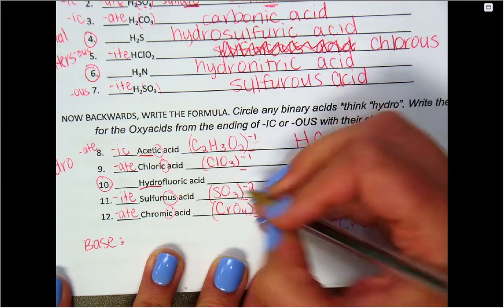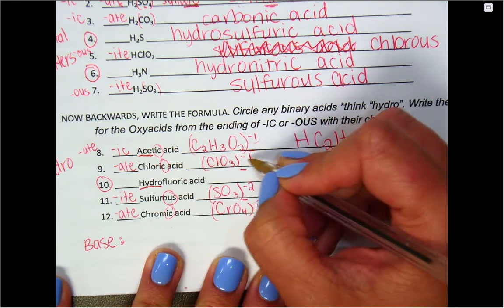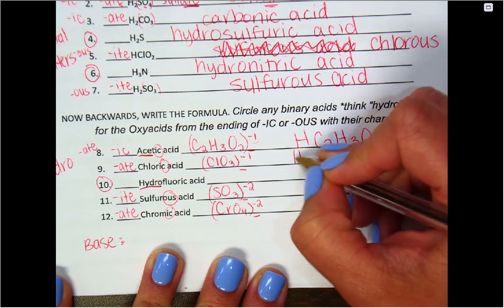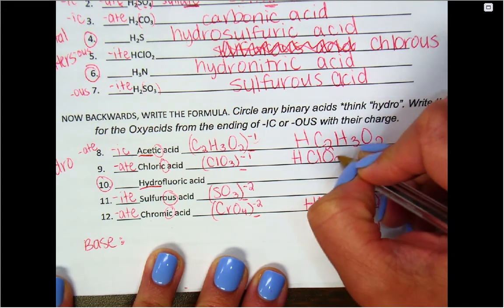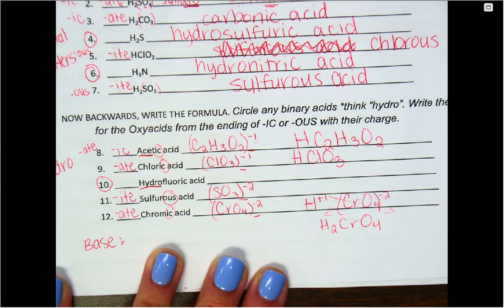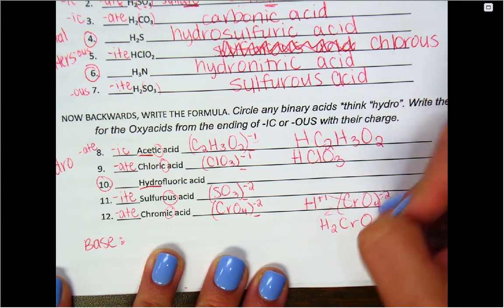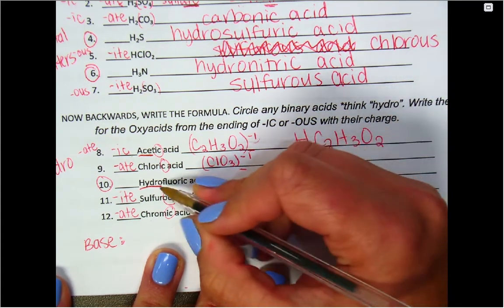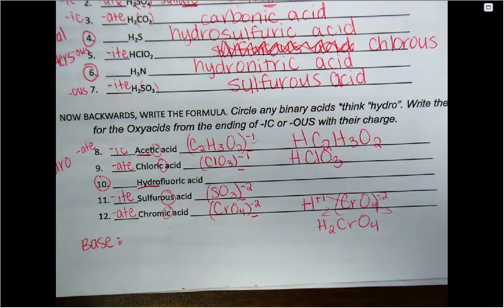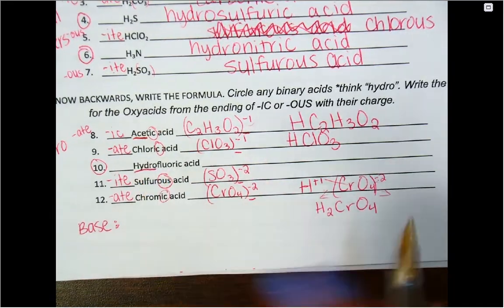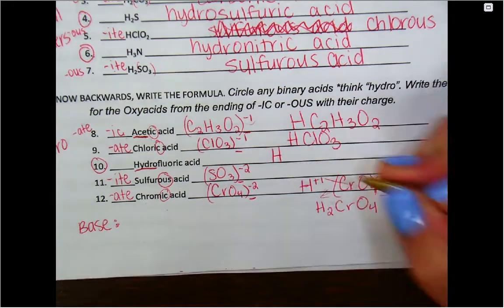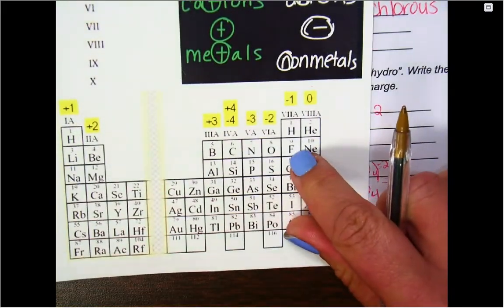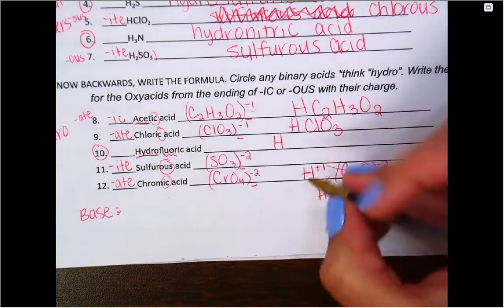Chloric acid, we have our ClO3 with a -1 charge. So that means, again, we're just going to say HClO3. So no special subscripts or anything like that. Hydrofluoric acid, this is binary, so you know that it has an H. We have to figure out the fluorine part. So we had to remind ourselves, fluorine was in group 17 with a -1 charge.